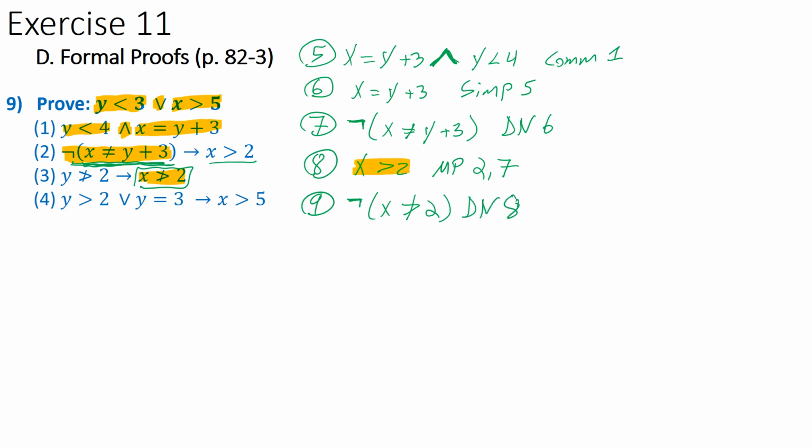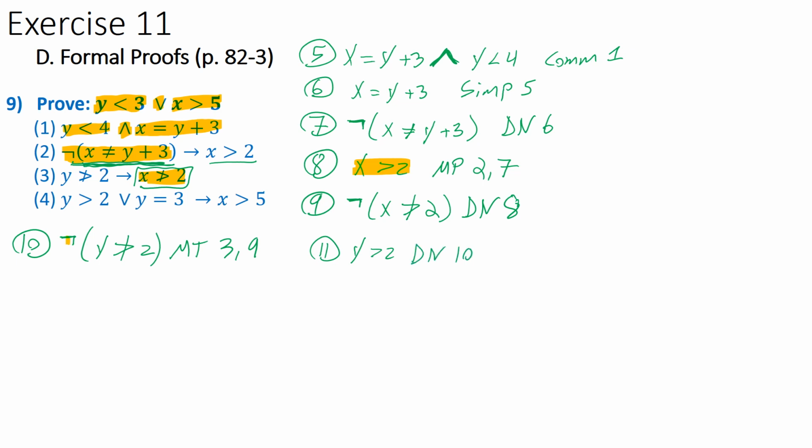And then for 10, we can get it is not the case that y is not greater than 2 by modus tollens with lines 3 and 9. For line 11, let's double negate y is greater than 2 by double negation of line 10.